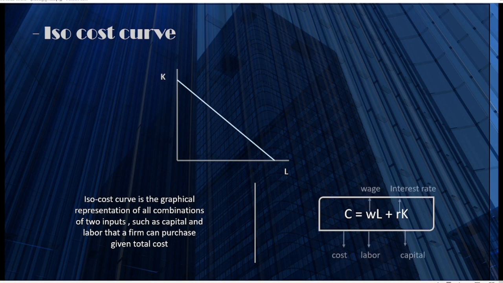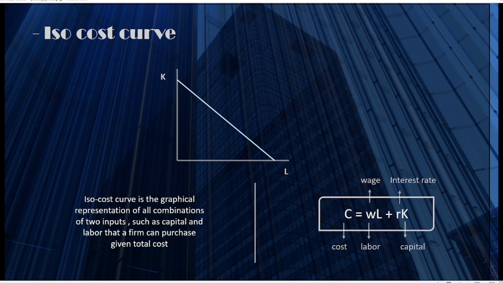Next, we have the isocost line. The isocost line shows the combinations of inputs a firm can buy given its budget and input prices. The equation is simple. C equals WL plus RK, where C is total cost, W is wage, L is labor, R is cost of capital, and K is capital.